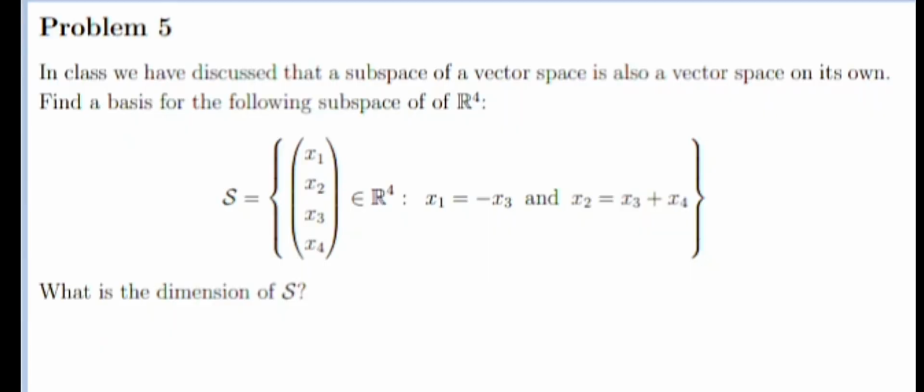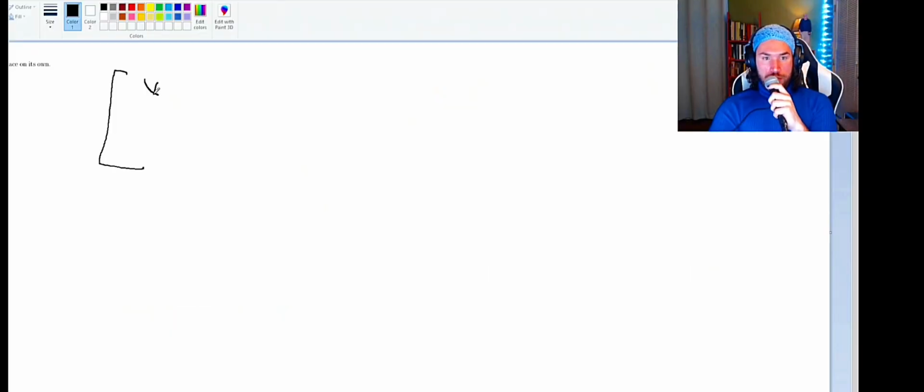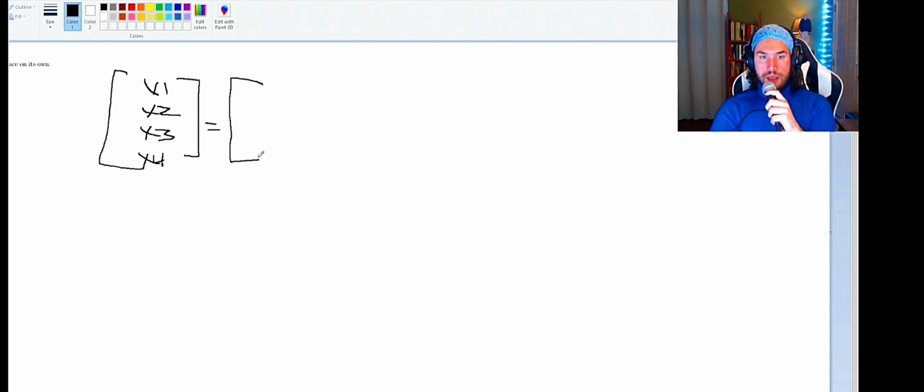Well, I'll write this out a little bit. So x1, x2, x3, x4. So that's a column of x's.